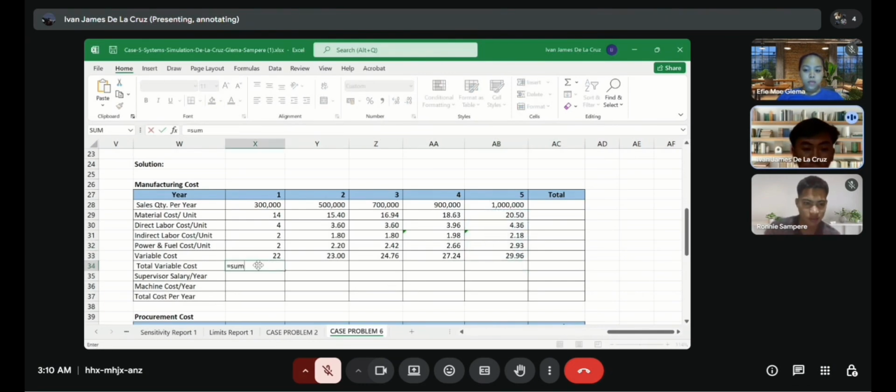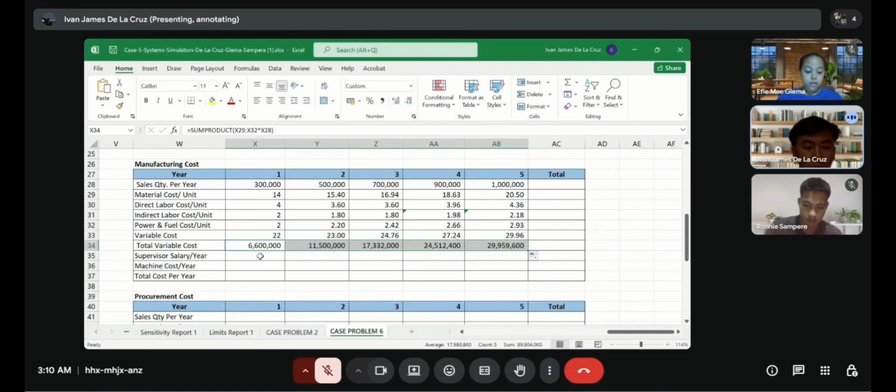Use the command sumproduct, then multiply it by the sales quantity for the first year, and then we can now drag it.